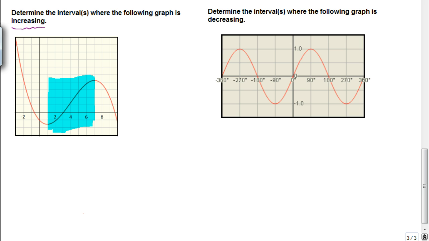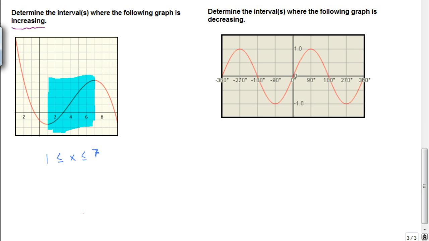The rest of the graph, as far as the screen that we're seeing, is decreasing. So we're going to say our answer here starts where x is 1. So we're going to have 1 is less than or equal to x. It ends where x is 7. So it'll be 1 is less than or equal to x, which is less than or equal to 7. So that would be your answer.